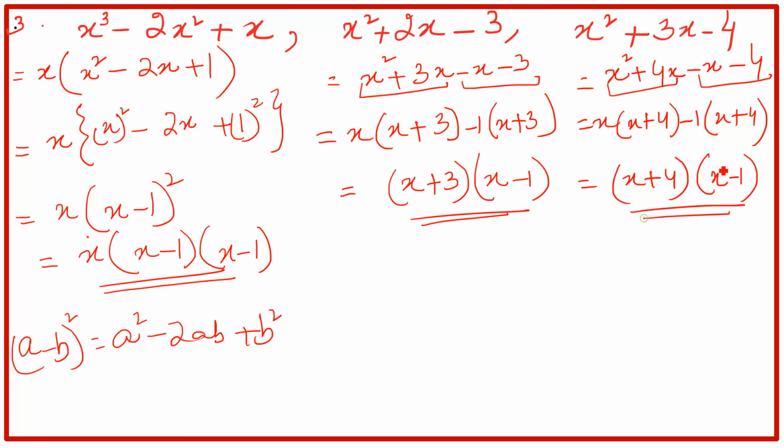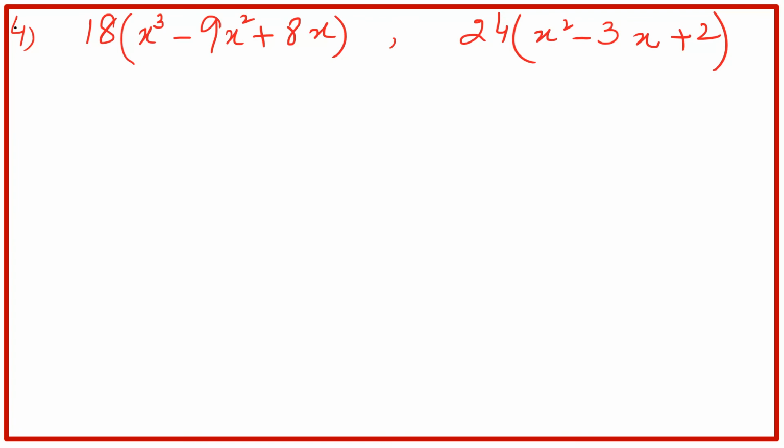This is the factorization of the third part. But we have to find out the highest common factor which is common among these three: x minus 1, x minus 1, x minus 1. So x minus 1 is the answer because x minus 1 is present in these three factorizations.